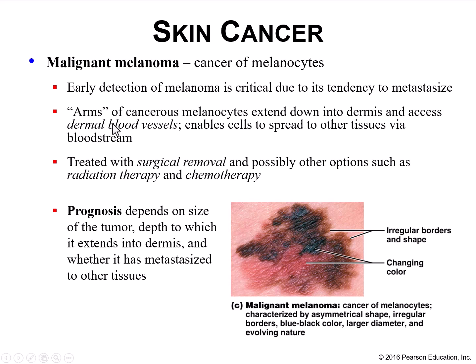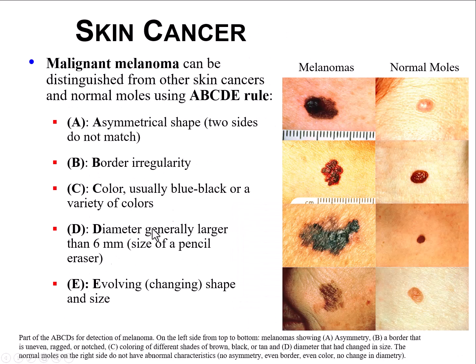That's how it spreads, with the circulatory system. If you catch it early enough, it's usually treated surgically, possibly with other options such as radiation, and immunotherapy is what really works well with malignant melanomas. Prognosis is really dependent on how early it's caught, the size, and whether it's metastasized.